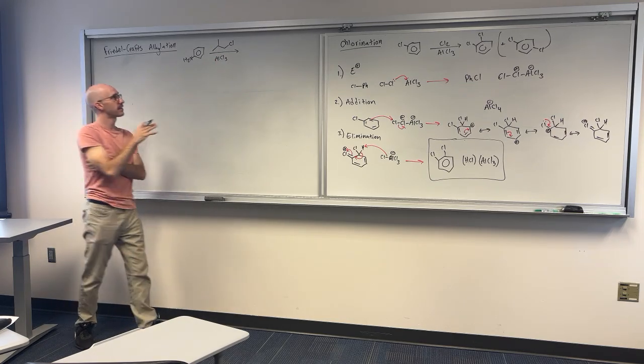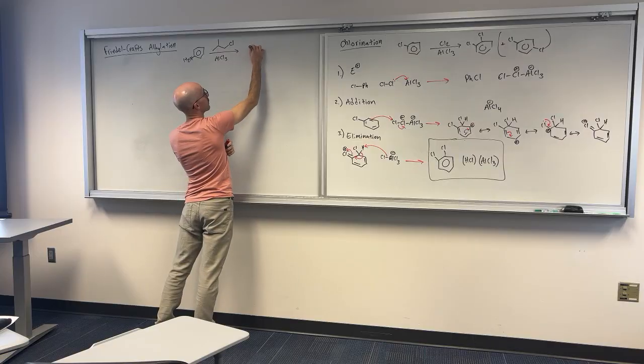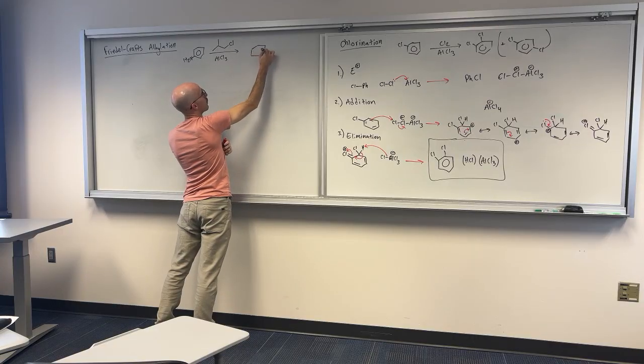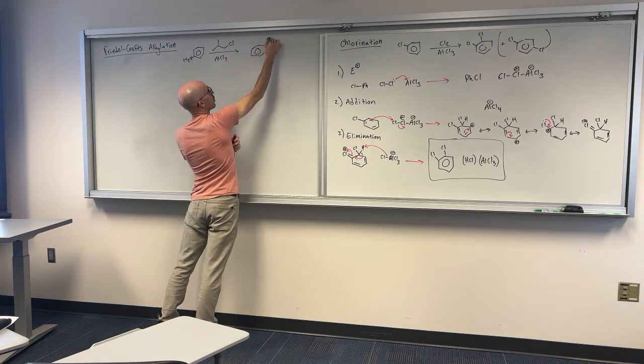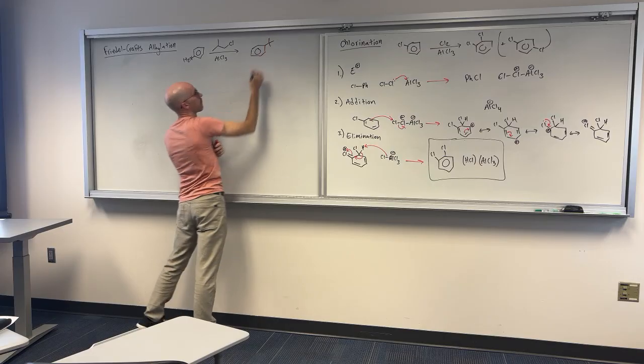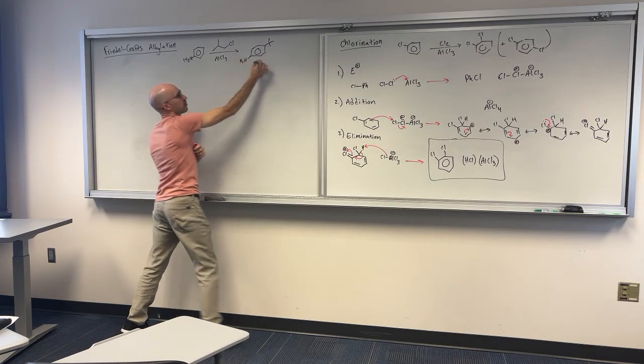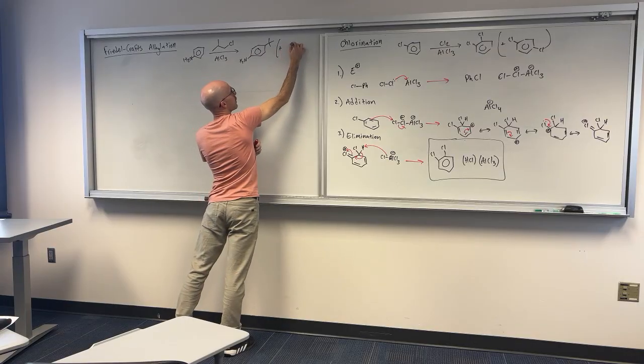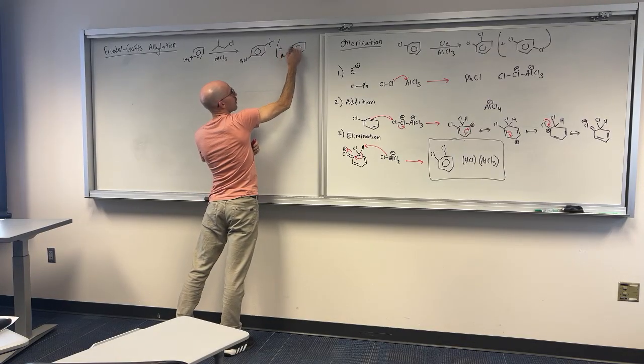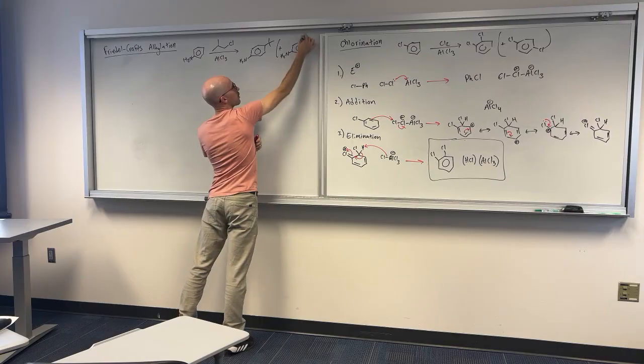And I want to show you guys this for a specific reason. We'll look at forming the para-substituted product, but I do want you guys to recognize that the ortho-substituted product also forms.